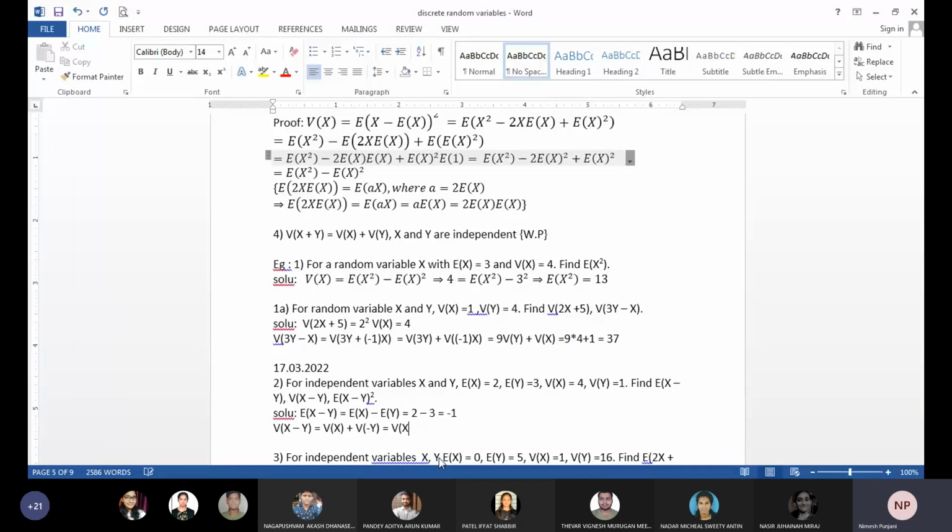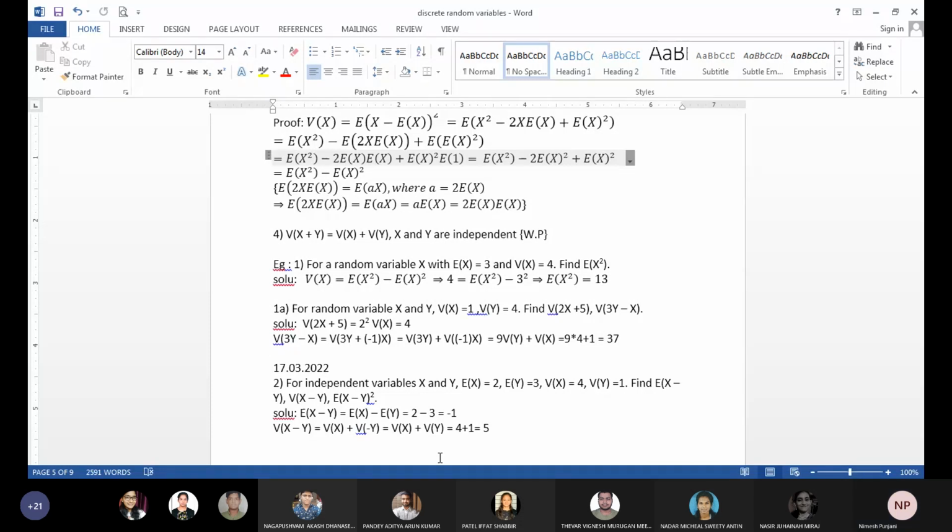It will be variance of x plus variance of y, right? Using the property of the variance, we get variance of x plus variance of y. So 4 plus 1, that will give me the answer as 5.